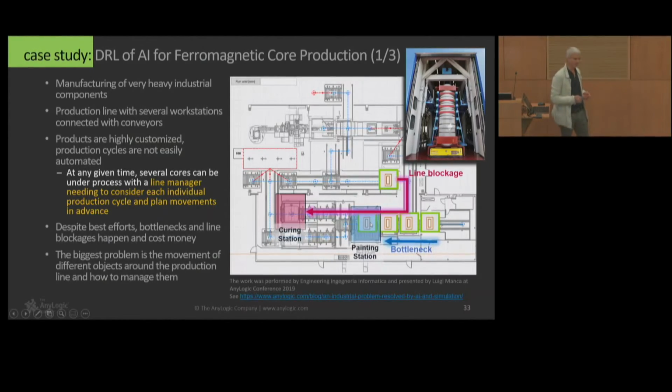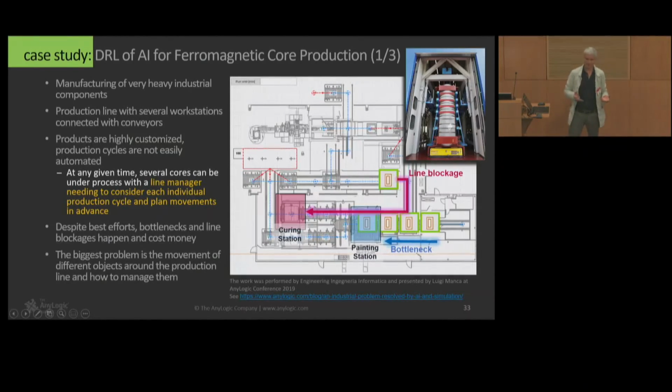And the problem is that every core is custom built, so there's no fixed process which we can obviously plan in advance. So the trajectory of each core is unique.